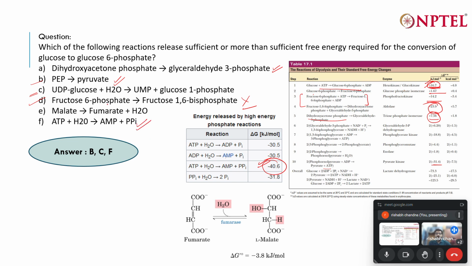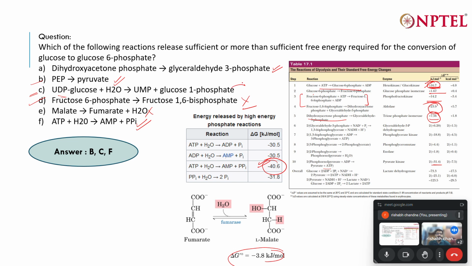Then we have malate to fumarate. Okay, so it requires an energy change of minus 3.8 kilojoule per mole. So this is actually less than that. So this is also ruled out. Then UDP glucose to glucose 1 phosphate. So in this case, what happens? One molecule of phosphate is transferred from UDP to glucose, forming glucose 1 phosphate.